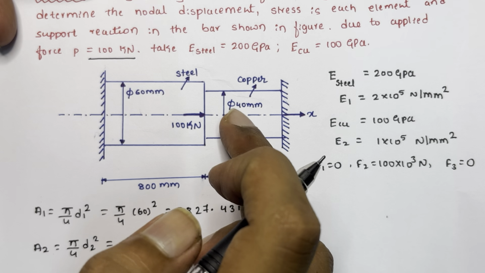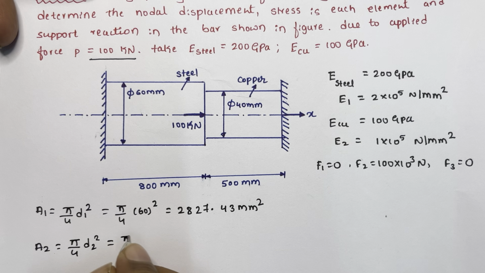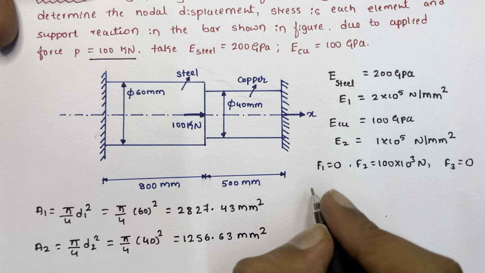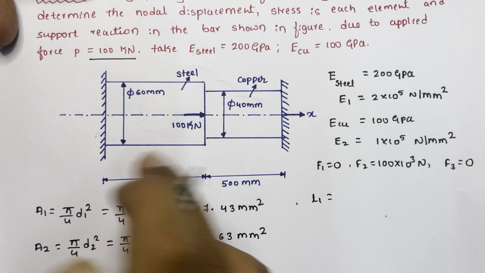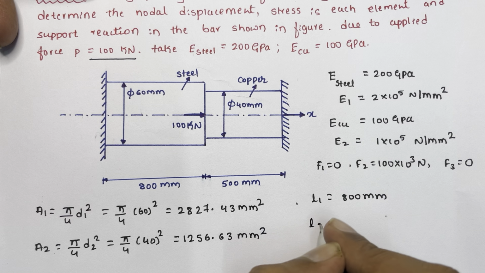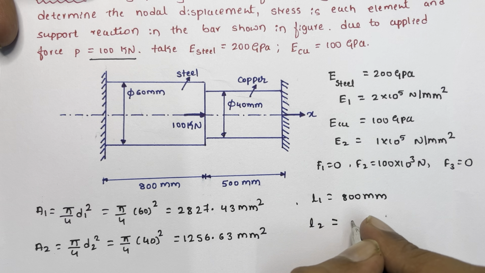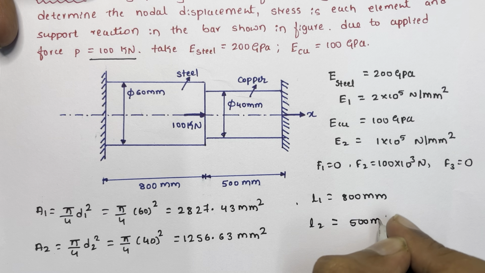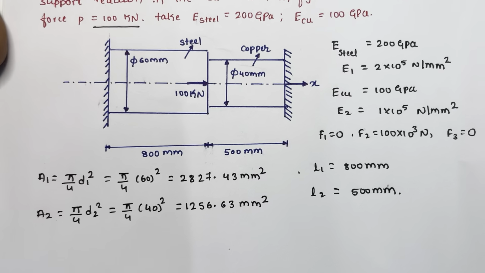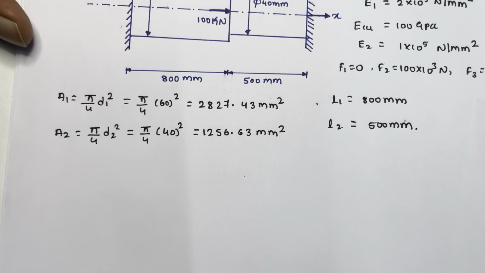For the second element the diameter is 40, that is pi by 4 into 40 square. After solving we will get 1256.63 mm square. And we know L1 for the first element, the length is 800 mm, and L2 is 500 mm.